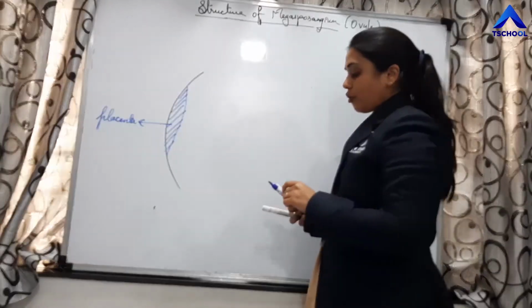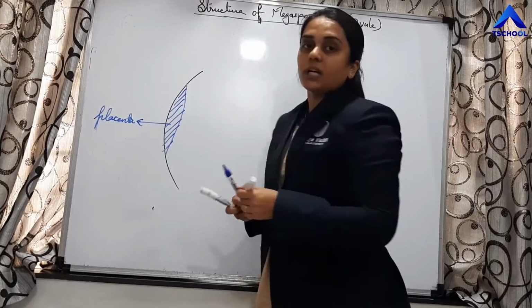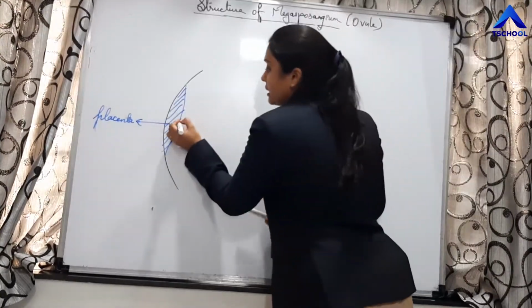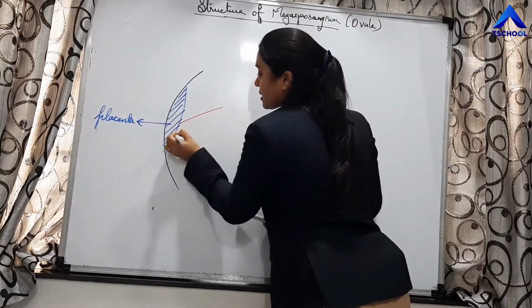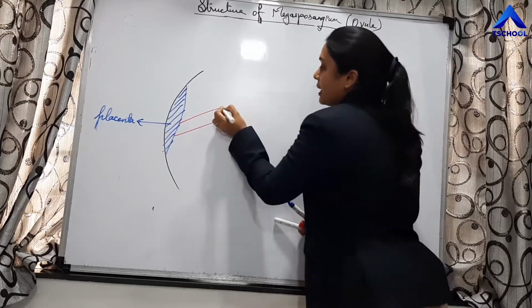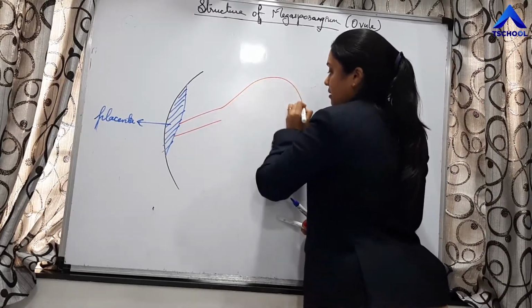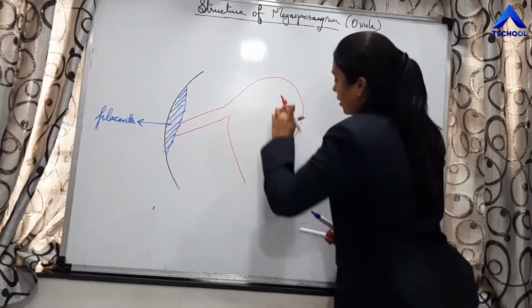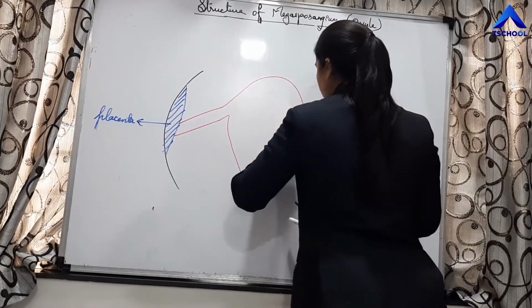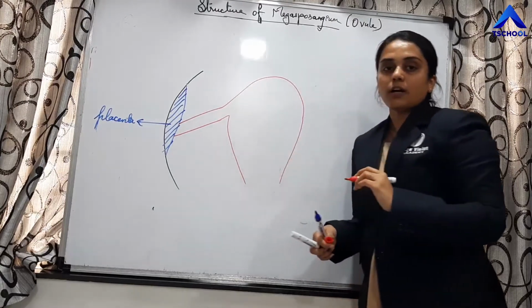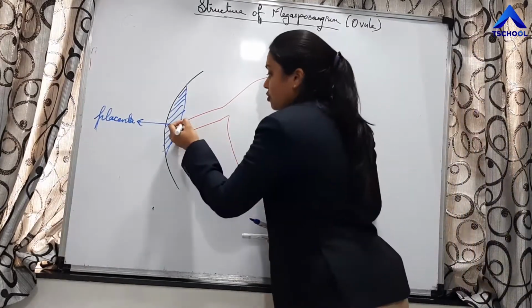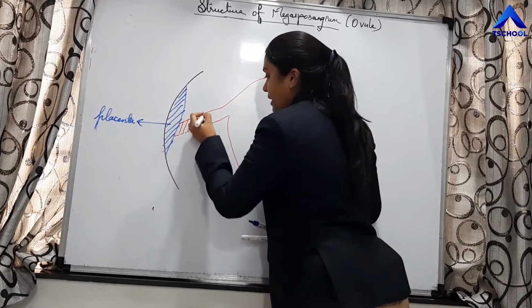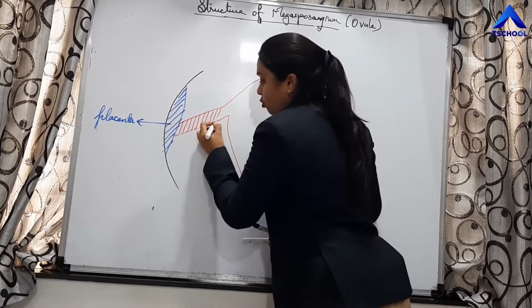Coming to the structure of the ovule, ovule consists of two parts. The first part is a stalk-like structure and the second part is the body of the ovule, right? So it consists of a stalk and a body. This part is called the stalk of the ovule.